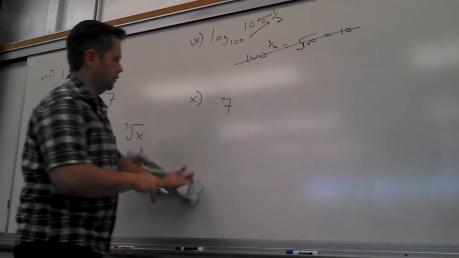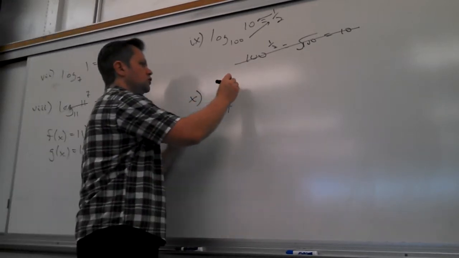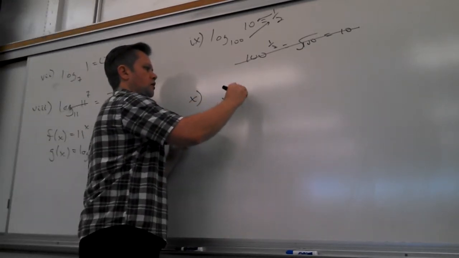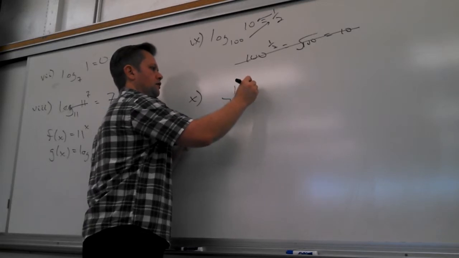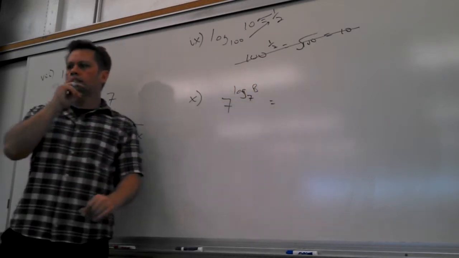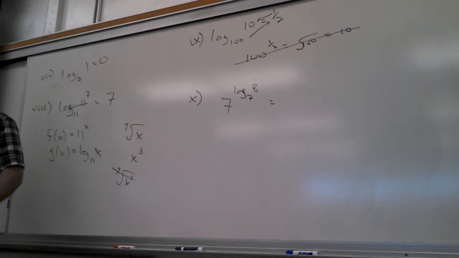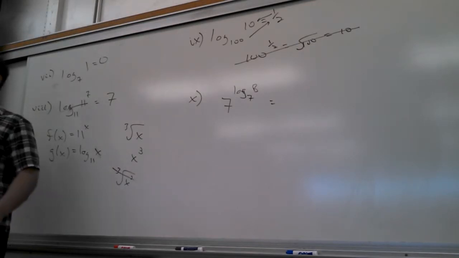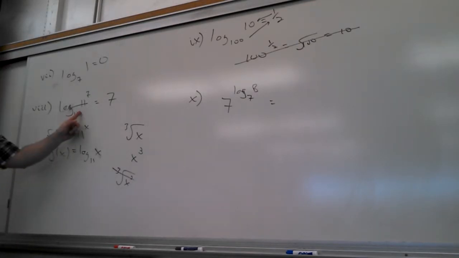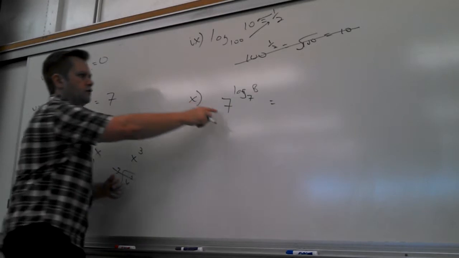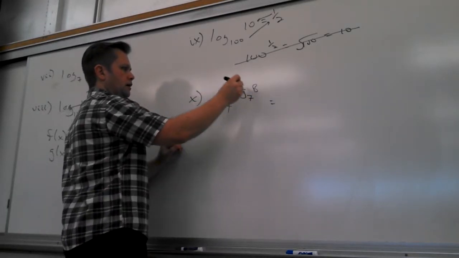So what about this here? 7 to the log base 7 of b. Just to kind of give it away, what happened here? Exactly. Log base 7 and 7 to a power cancel.